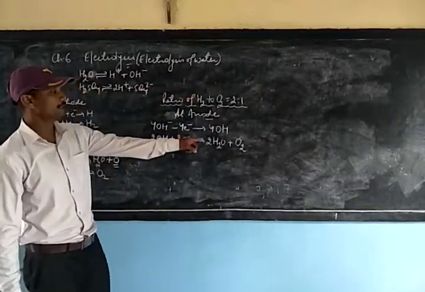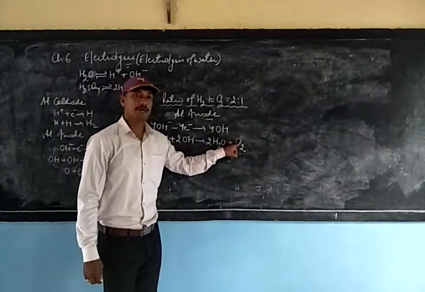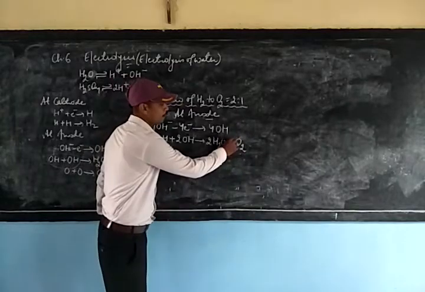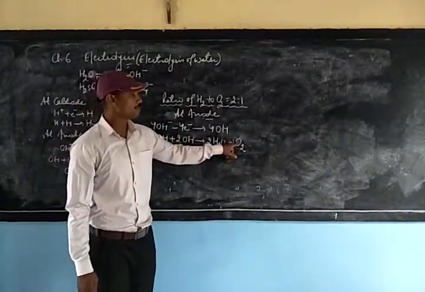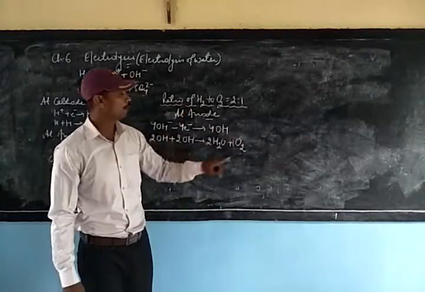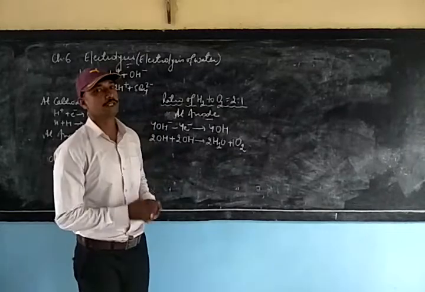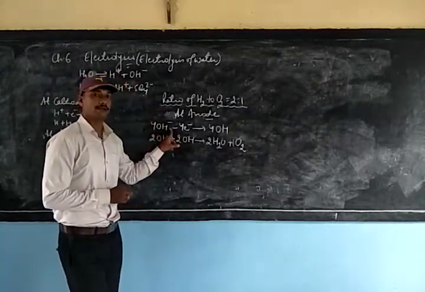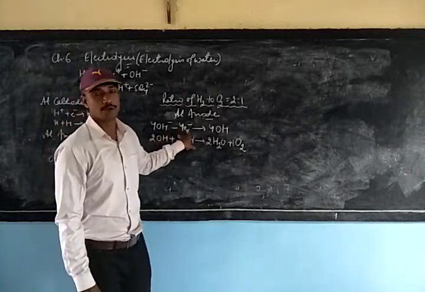So you can see here, it is these 2 atoms of oxygen that will be finally released, and this is nothing but 1 volume of oxygen. So these 2 atoms of oxygen is nothing but 1 volume of oxygen. So we can say that for 1 volume of oxygen to be released, there should be 4 hydroxyl ions to discharge after losing 4 electrons.